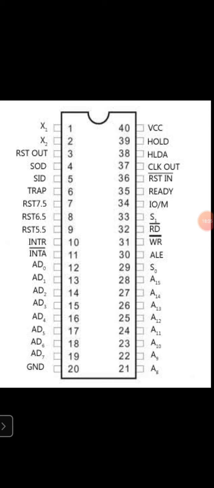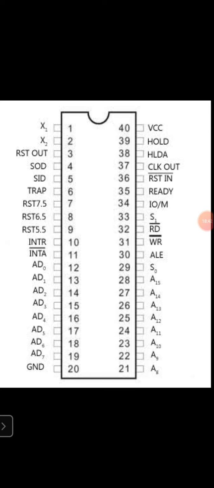And when it is activated, the function of INTA bar is interrupt acknowledgement. That means when an interruption exists during the program, the indication is sent out by the microprocessor through INTA bar with a low value, with 0 volts.